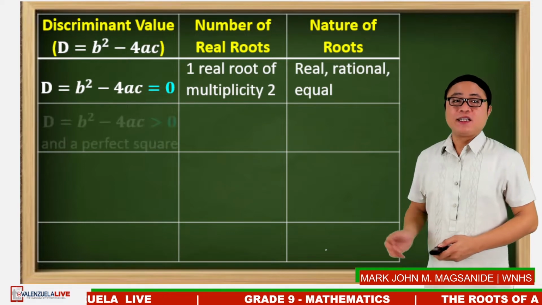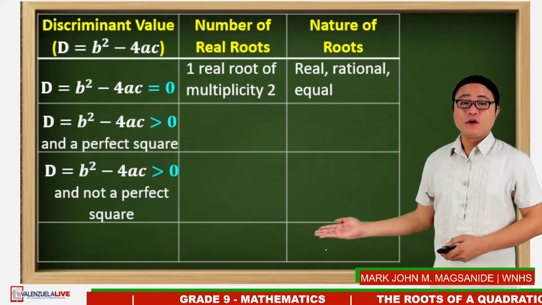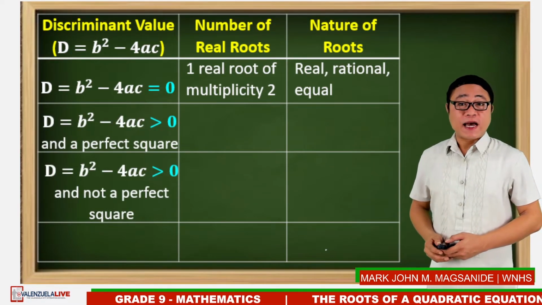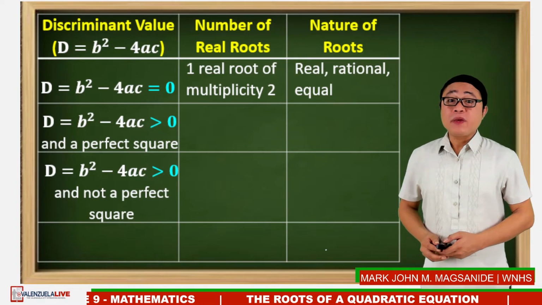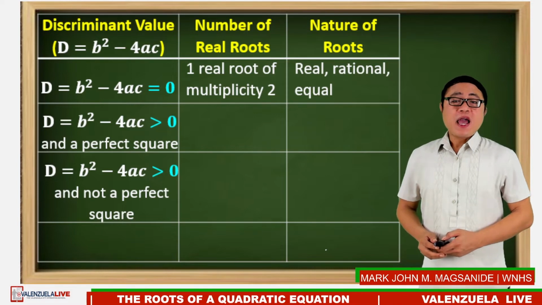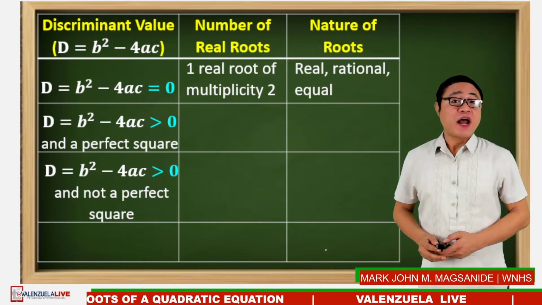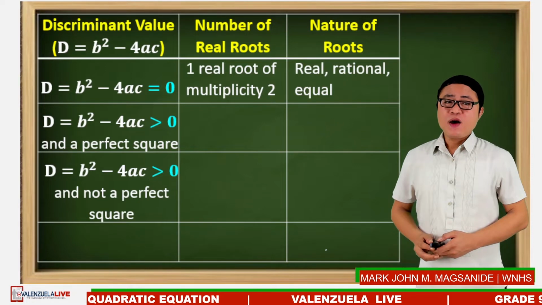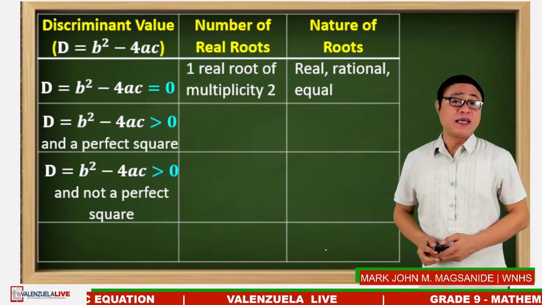For the second and third rows, d is greater than 0. This means the sign is positive. It can be a whole number, a fraction, a decimal, or a combination of whole number and decimal.